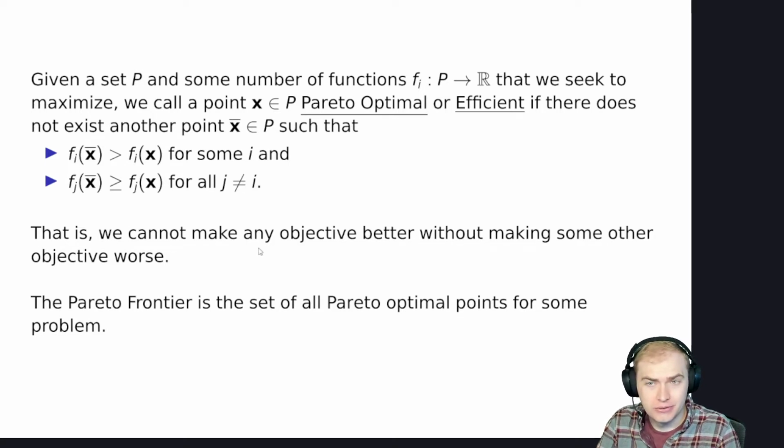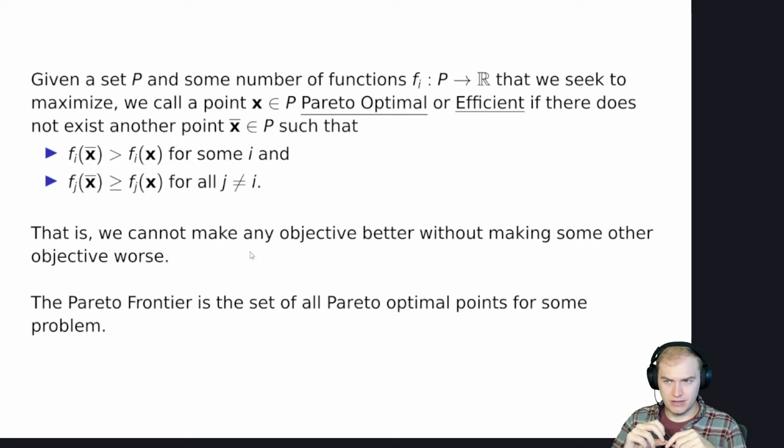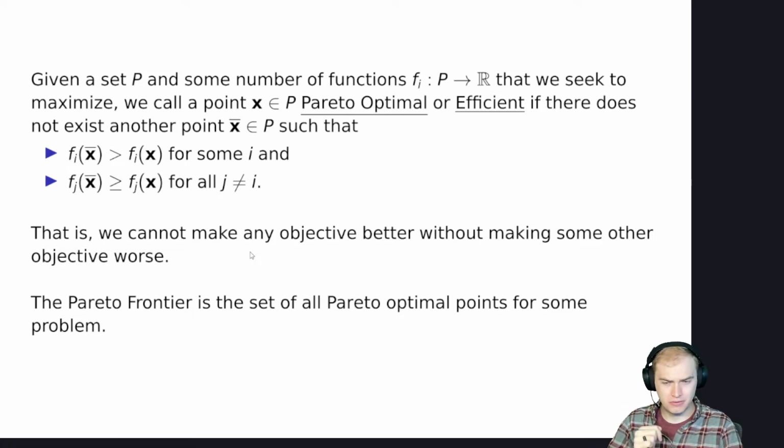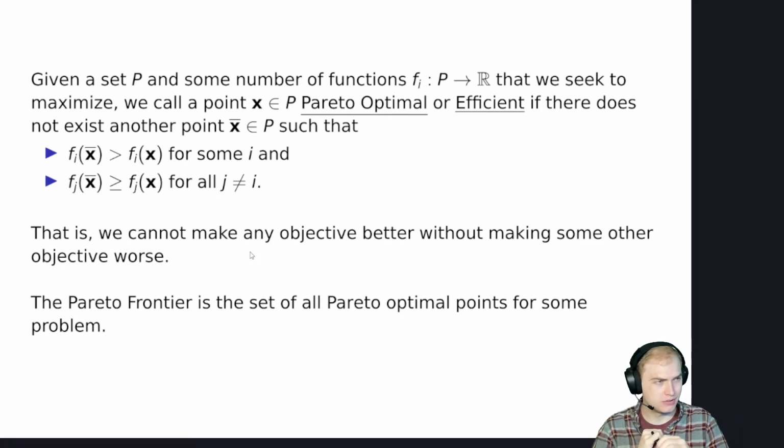That is, x is Pareto efficient if we cannot improve one objective without making some other objective worse. Let me say that again. We cannot make any objective better without making some objective worse.